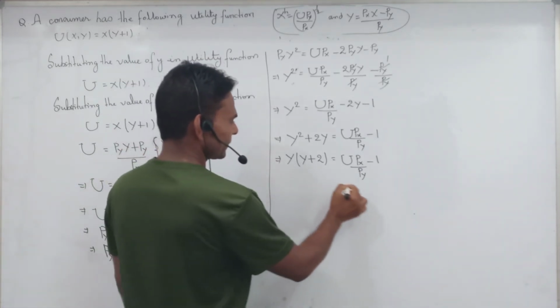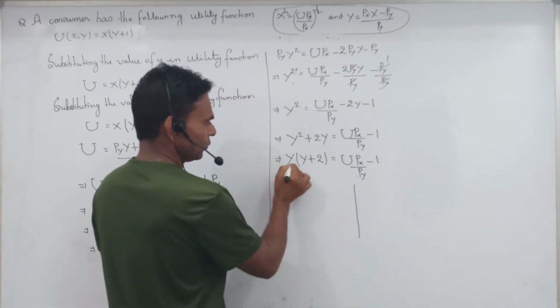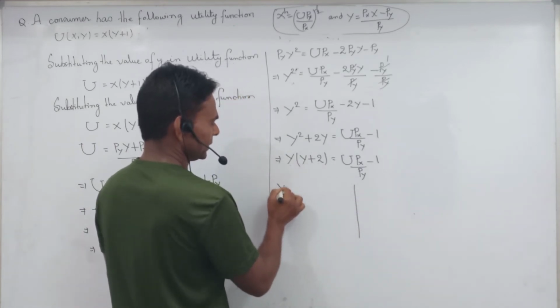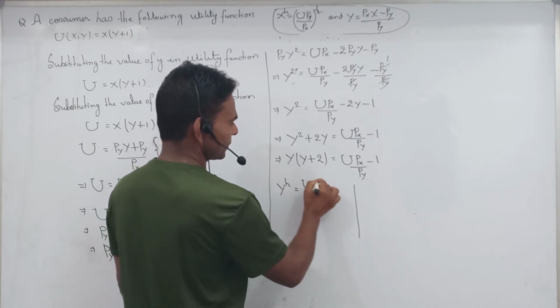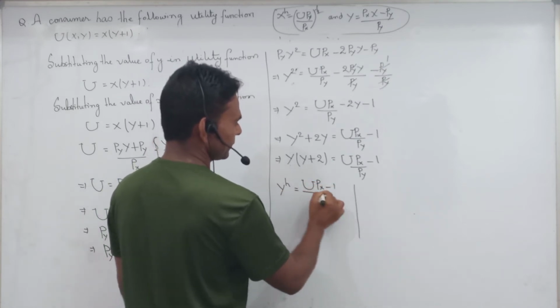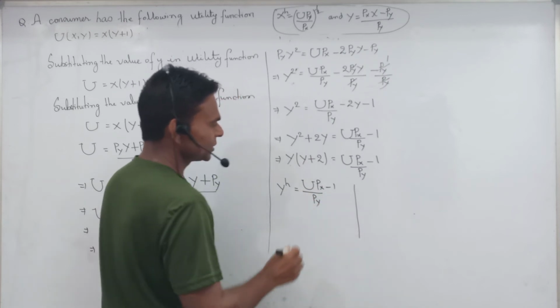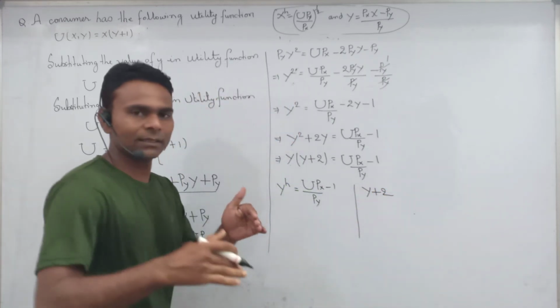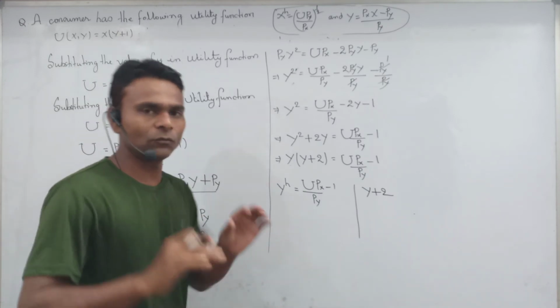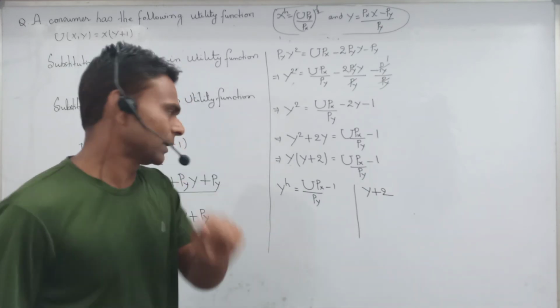You can see the first Hicksian demand function for y is u times price of x minus 1 by price of y, and second, you can see y plus 2. In this equation y has a two value.